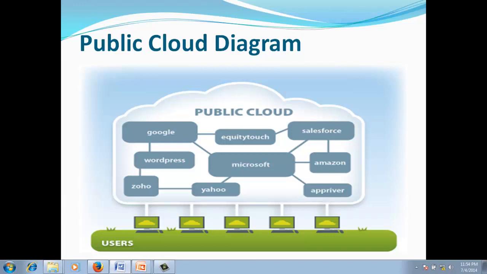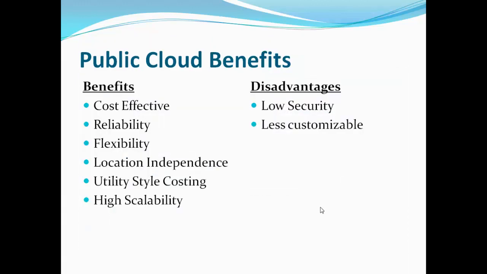With this model, customers have no visibility or control over where the infrastructure is located. It is important to note that all customers on public clouds share the same infrastructure pool with limited configuration, security protections and availability variances.